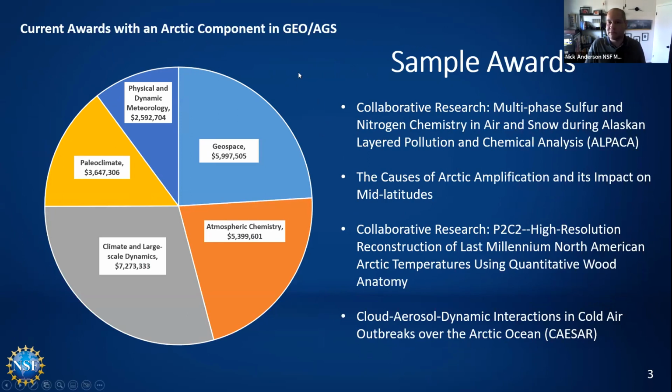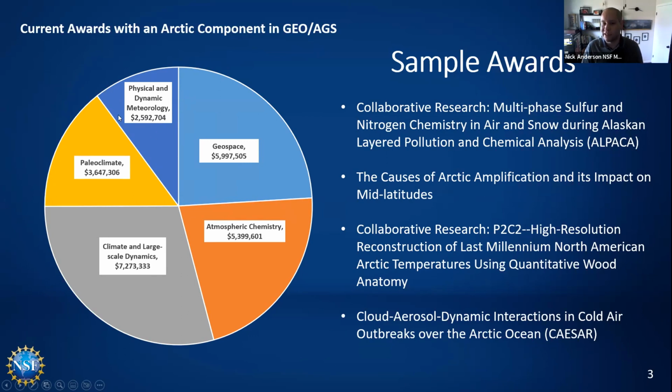So this is the last thing I have. I just wanted to show some current awards and which programs they're in within atmospheric sciences. So a lot in climate, a lot in chemistry. Our geospace colleagues like to put instruments up as far north as they can. Paleoclimate, which makes sense with ice cores and everything. And then my meteorology program is still in there.